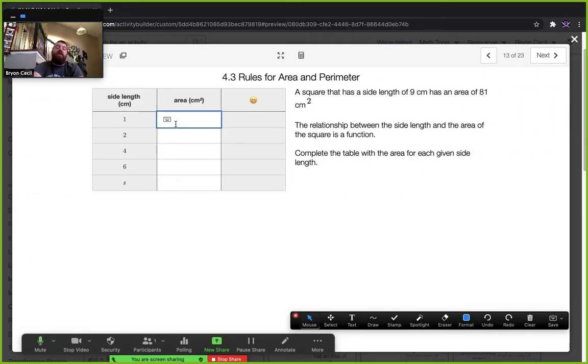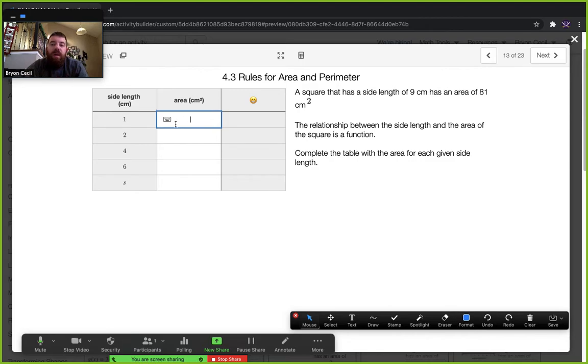Okay, now let's talk about rules for area and perimeter. Remember area, guys, that we are going to multiply length times width, but since it's a square, we know that all the sides are going to be the same, right? And so that means that we're going to take this side times this side.